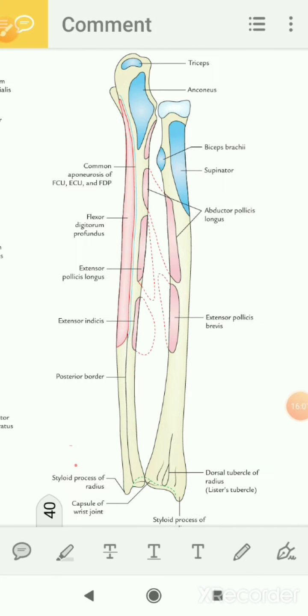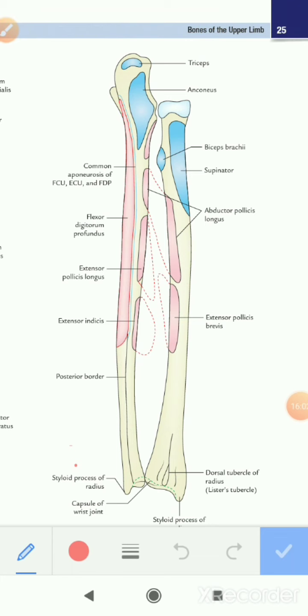So this is the posterior view of the ulna. There is an oblique line which divides the posterior surface into an upper smaller and a lower larger part. So there will be an oblique line like this.